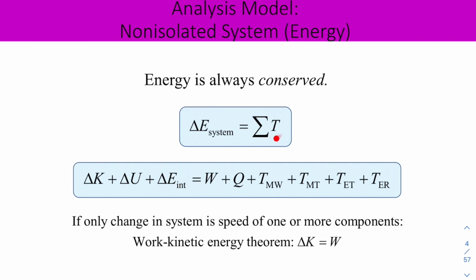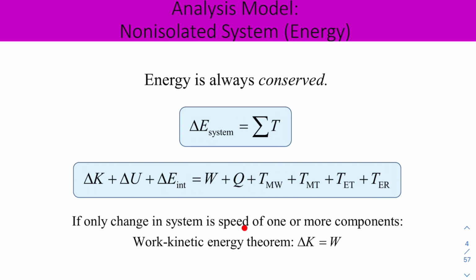It must be equivalent to the sum of transfer mechanisms. What can we have? Work done, heat, transfer by mechanical wave, matter transfer, electrical transmission, or transfer of electromagnetic radiation.